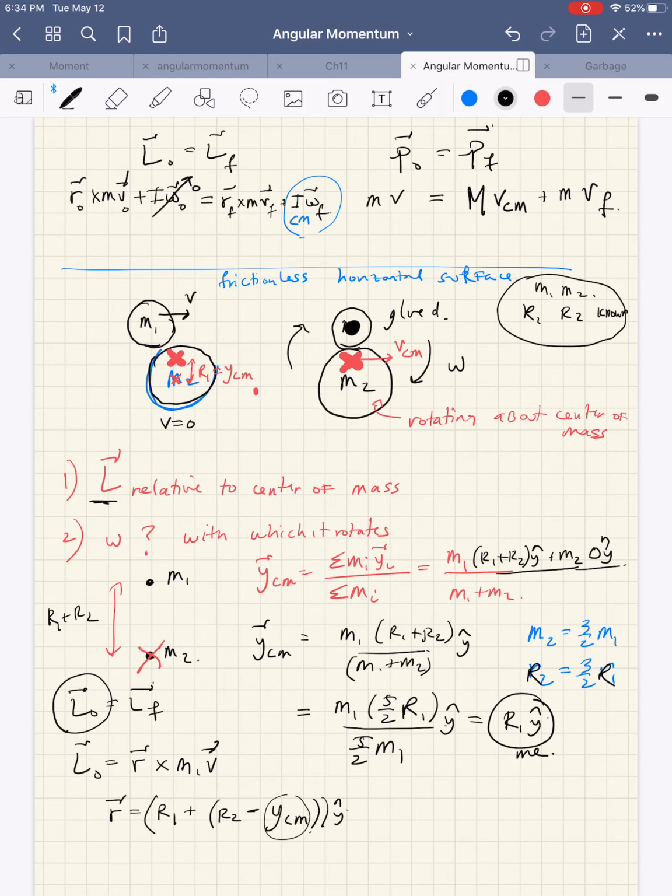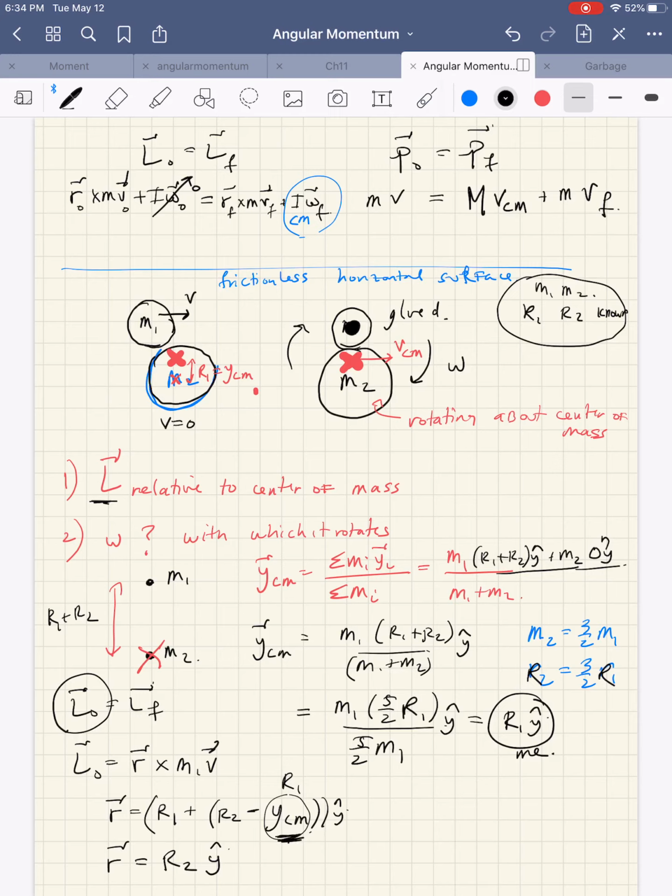And this is just the magnitude. Let me make sure I'm not lying about that. R2 minus your y center of mass will give you this distance, plus R1. Great. So for me, since this value was R1, it looks like my R vector is actually just going to be R2 in the y hat. Yours will probably be different. You'll have to plug in your value of y center of mass.